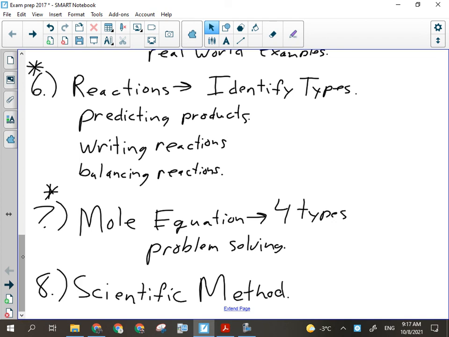Question number 3 is drawing a picture of an atom. 5 marks. We talked about that one already. Question number 4 is your mole equation. 4 questions, so there's 1 of each type.